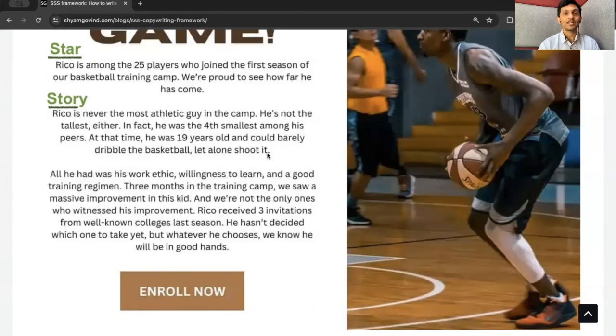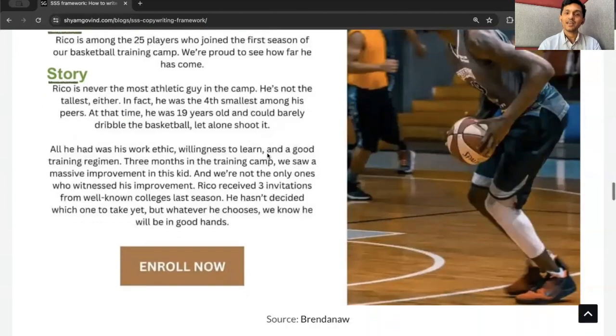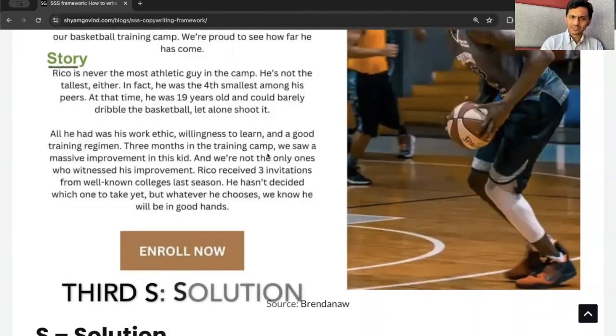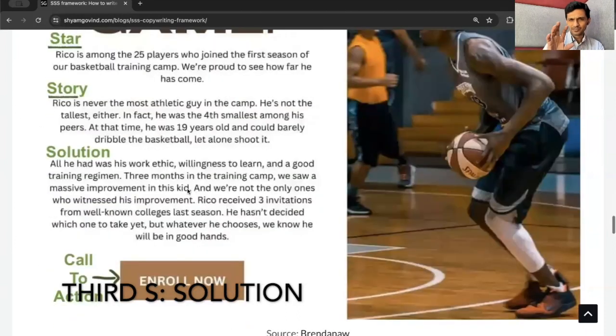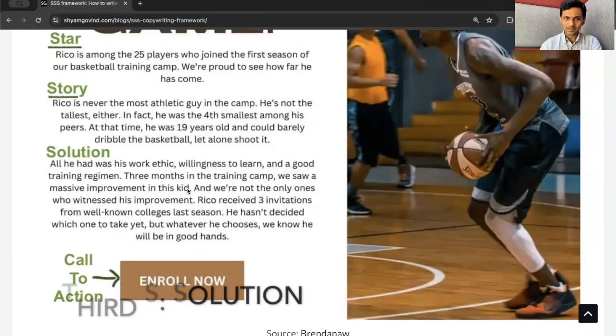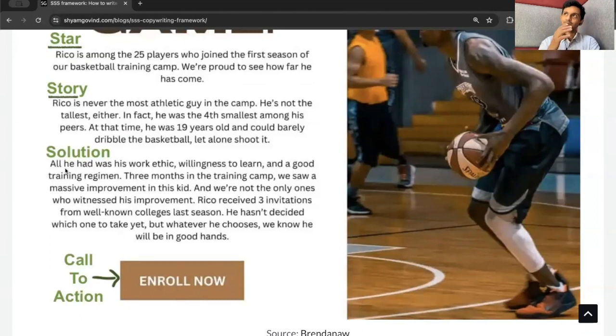More people are going to relate to the character in the story, right? And then it goes further, right? They sneakily introduce the solution as well, but it also goes through a roller coaster where they've mentioned that he had to work hard, he had to do this and that and all of that. So you see how they mention all he had was his work ethic, willingness to learn, and a good training regimen, right?